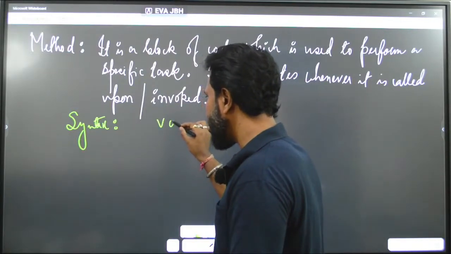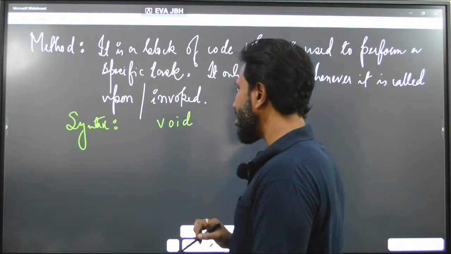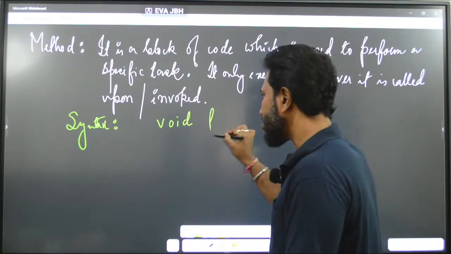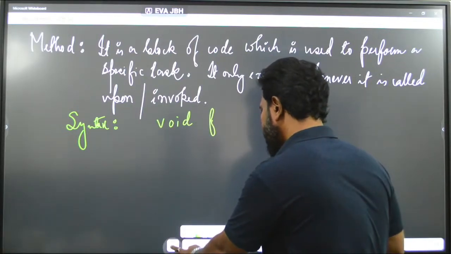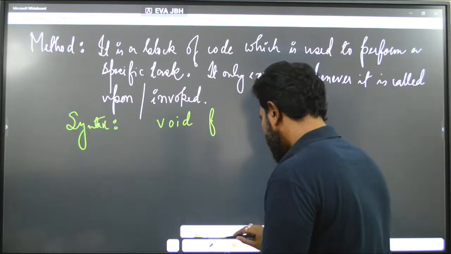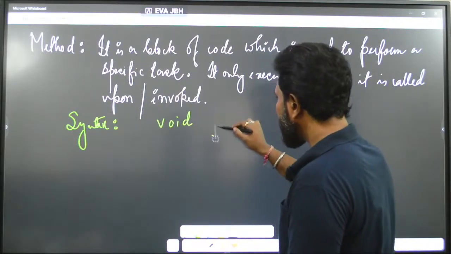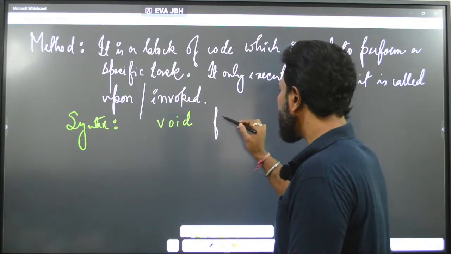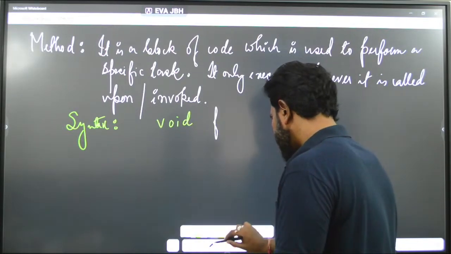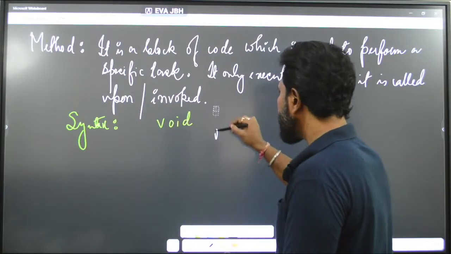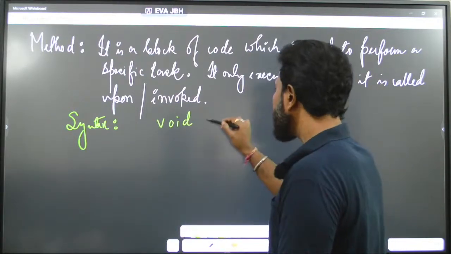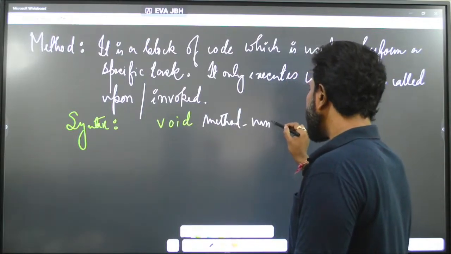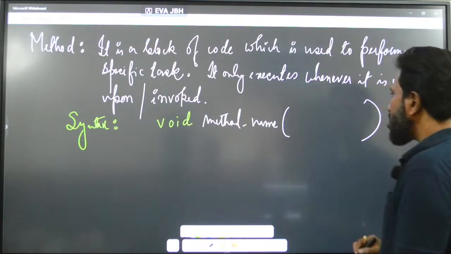I am saying void, which is actually our return type, then the method name and brackets.